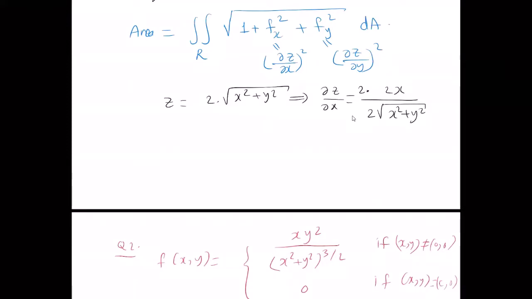Simplify this to get 2x over the square root of x squared plus y squared. Similarly, partial z partial y is 2y over the square root of x squared plus y squared, because it's symmetric.